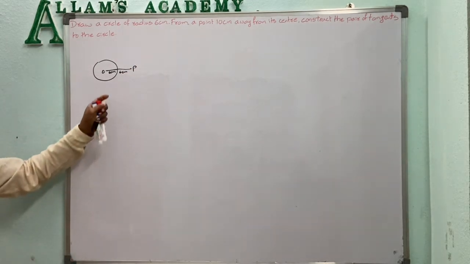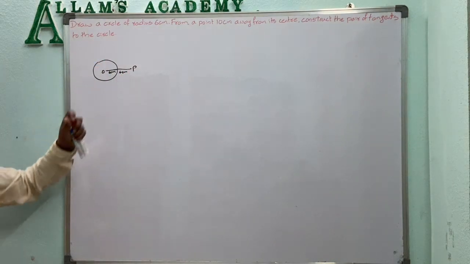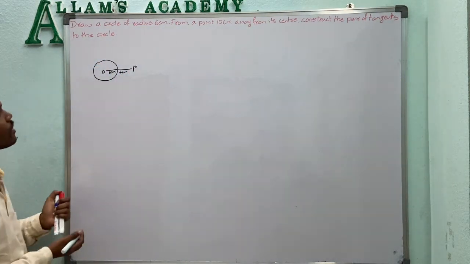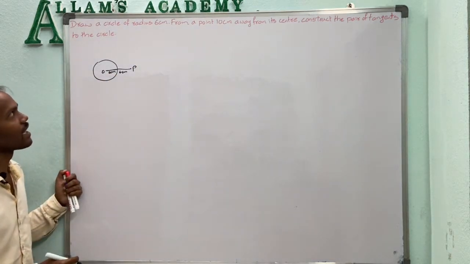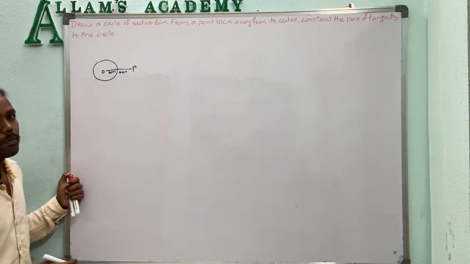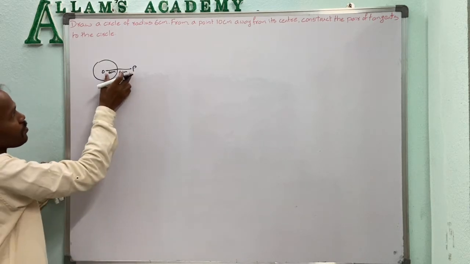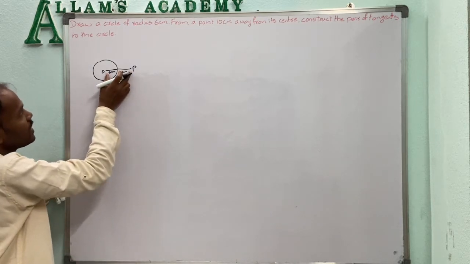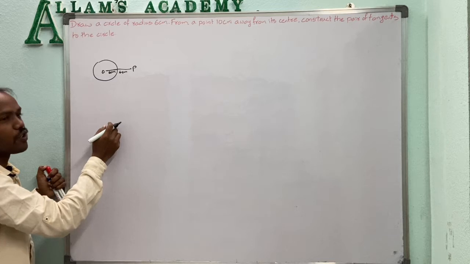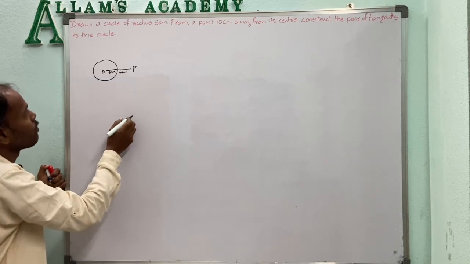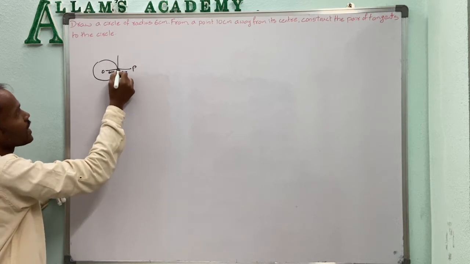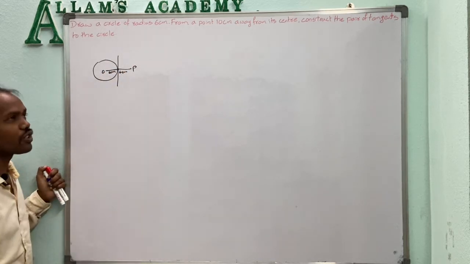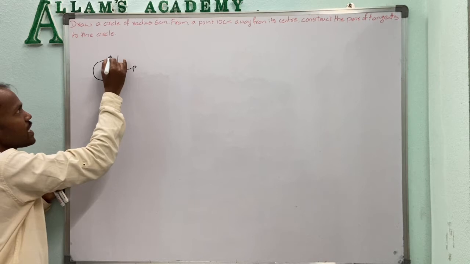Now from here we draw two tangents. For drawing tangents we can't get them exact by eye, so we have to bisect OP using a compass. With the bisector point as center, we draw a circle.